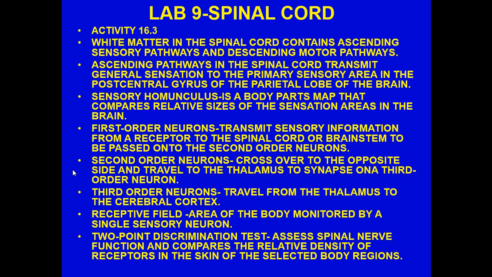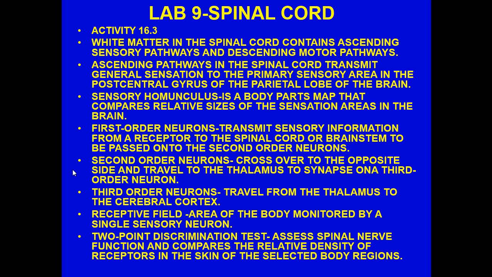Now, in the thalamus, you have to understand it's a section of the brain that's going to pass information to the respective lobes of the brain that process this type of sensory information. The third order neurons travel from the thalamus to the cerebral cortex. When we talk about a receptive field, this is an area of the body monitored by a single sensory neuron.